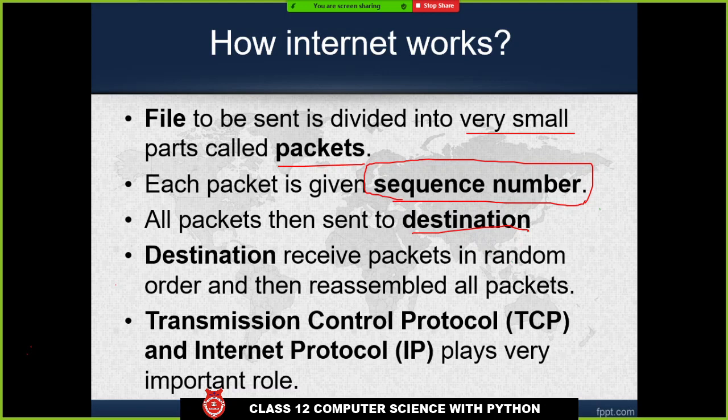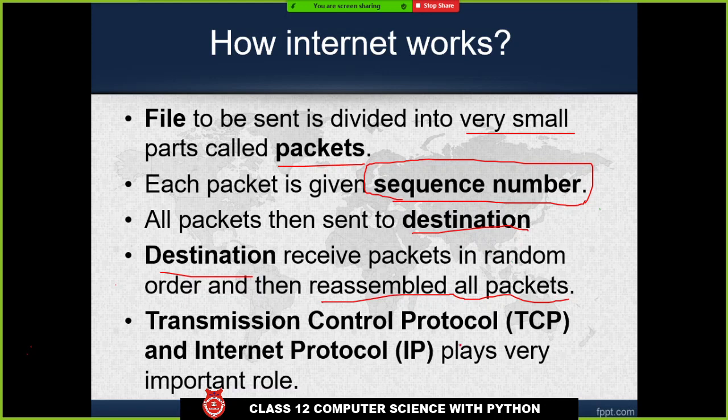Some packets may go together, but there is no rule that all the packets should go together. And on the destination side, the receiving computer receives all the packets and reassembles them.